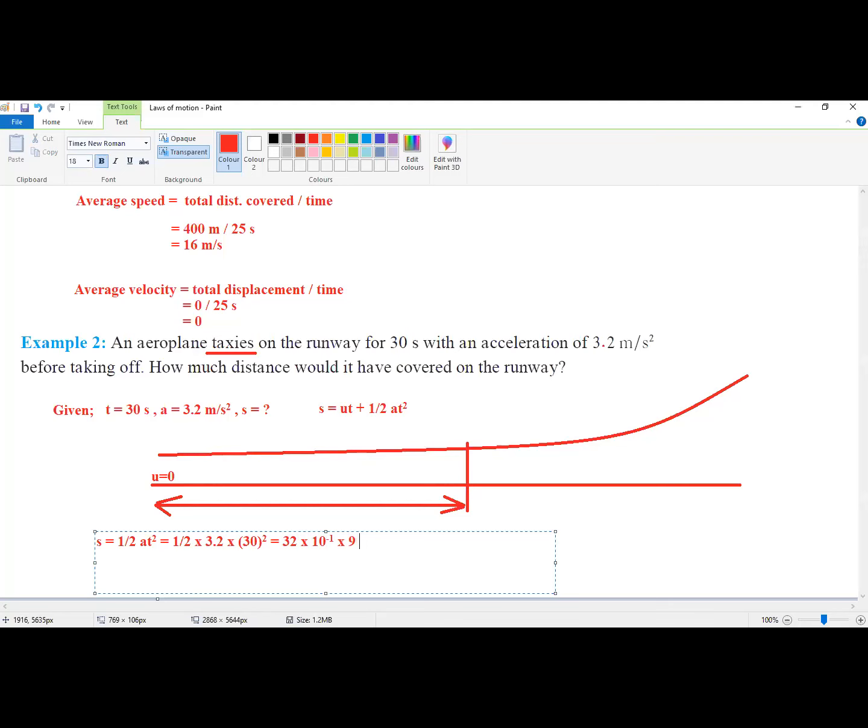So it can also be written as 9 into 10 raised to 2, and the whole divided by 2.